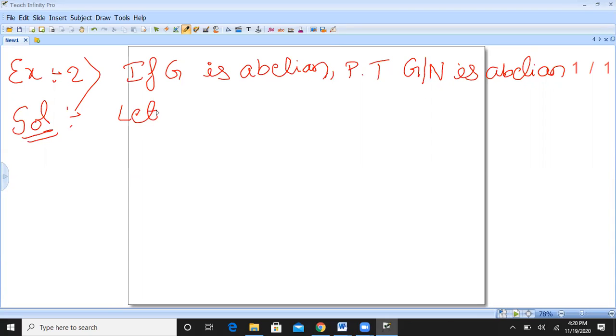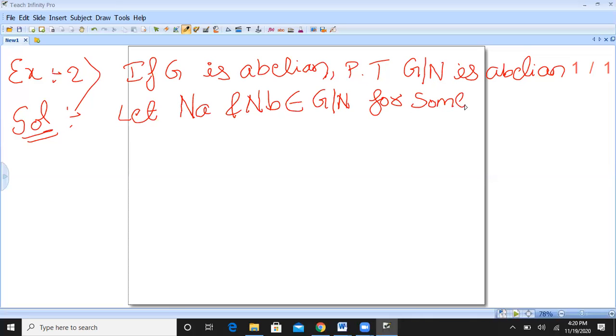Let Na belong to G by N, or you can write it like this also: Na and Nb belong to G by N for some a, b belonging to G. So what have we considered?